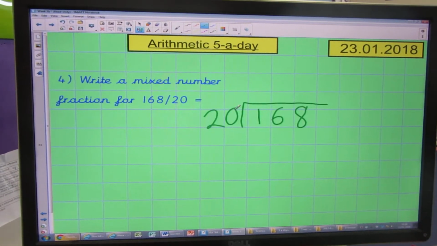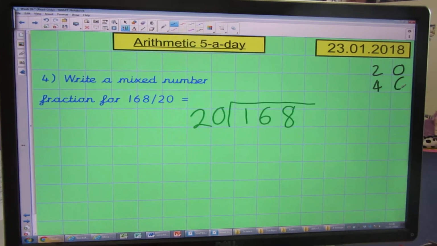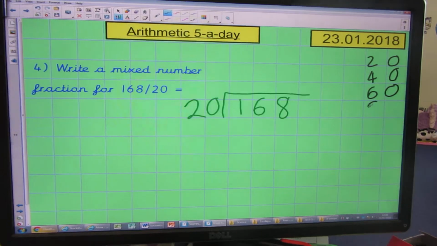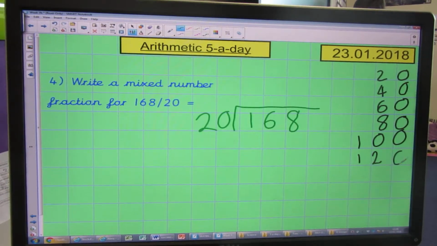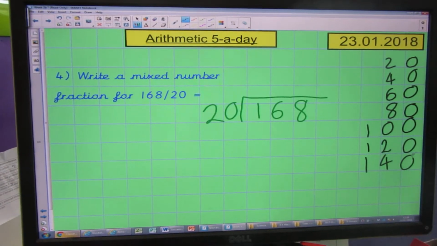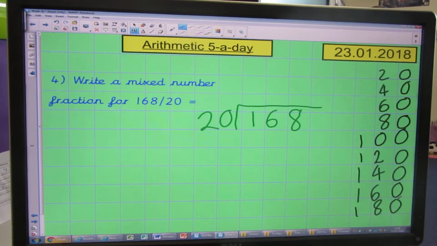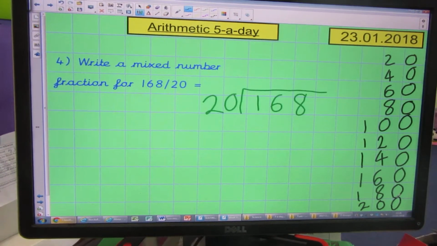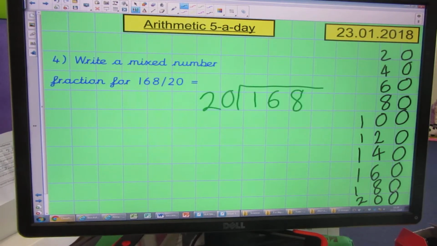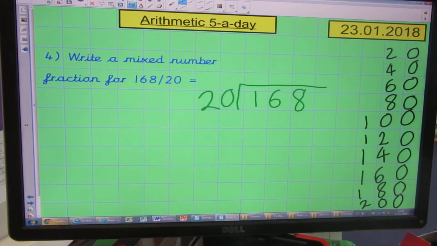Help me with my 20 times table, please. 20, 40, 60, 80, 100, 120, 140, 160, 180, 200, 220. Lovely, well done.